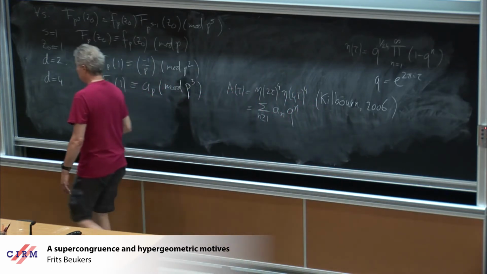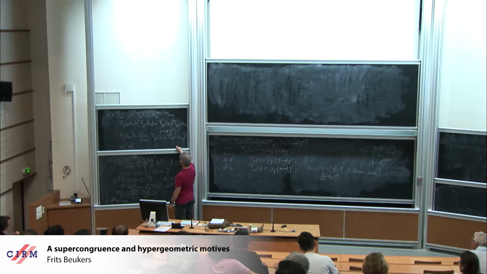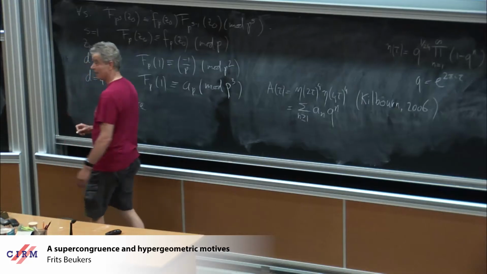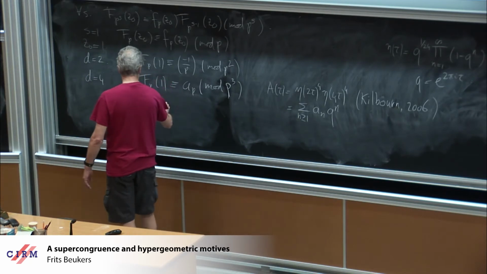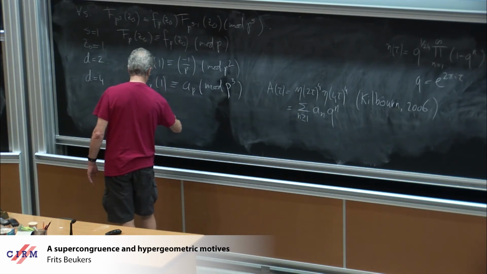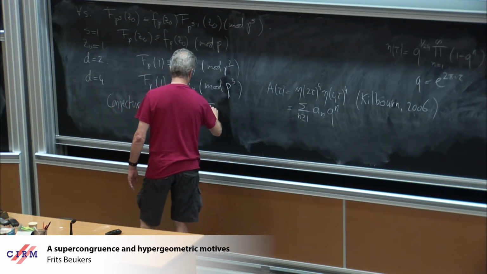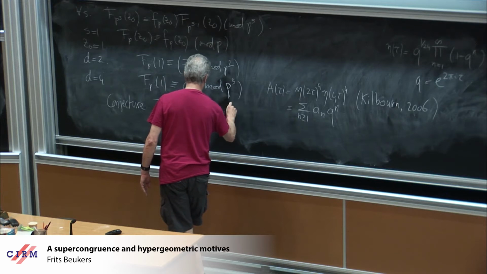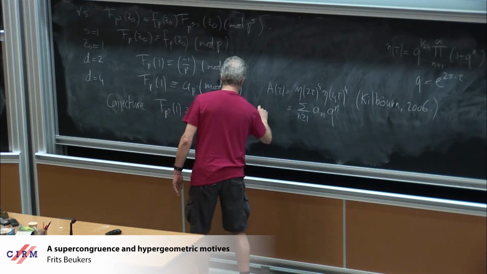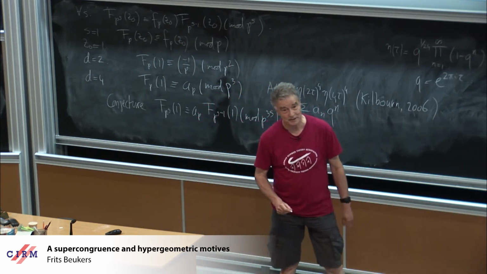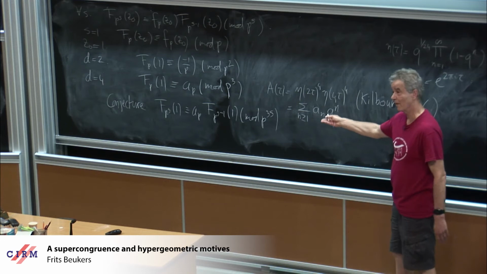Actually, when you look at this thing over here, you can make a conjecture, and if you test it experimentally for different p's, then you find that probably this supercongruence phenomenon persists, in the sense that if you take s bigger than 1, you get congruences of this type.